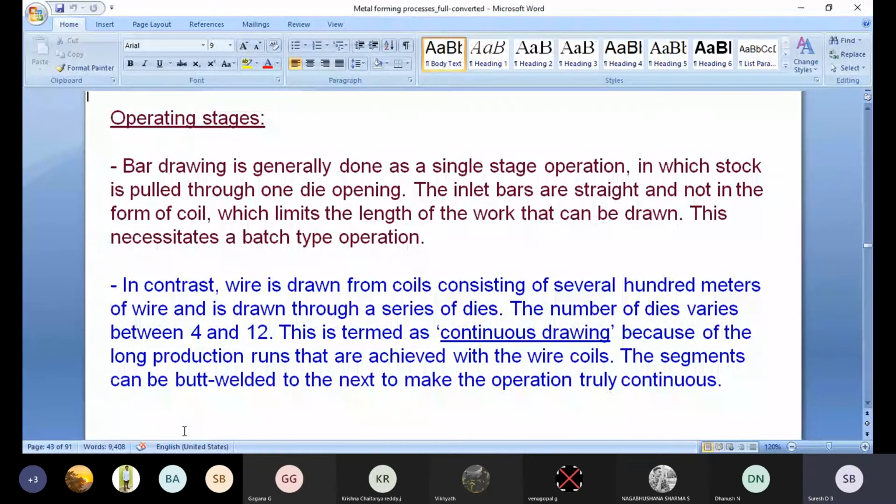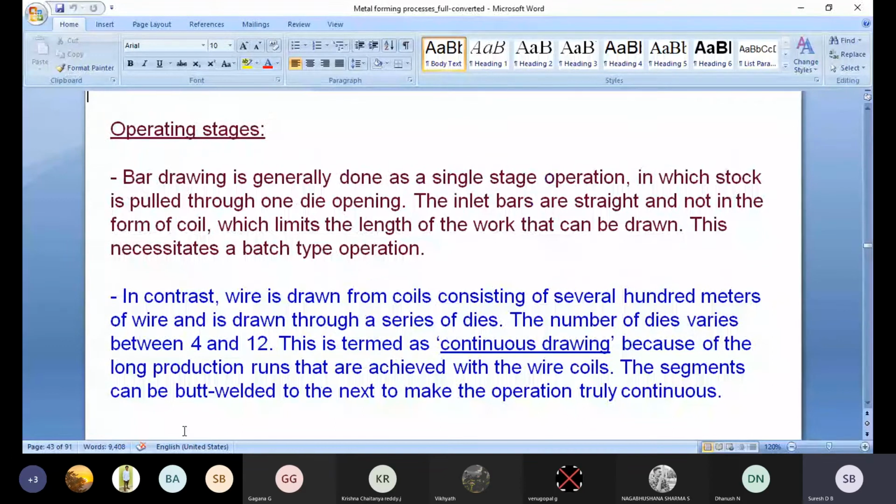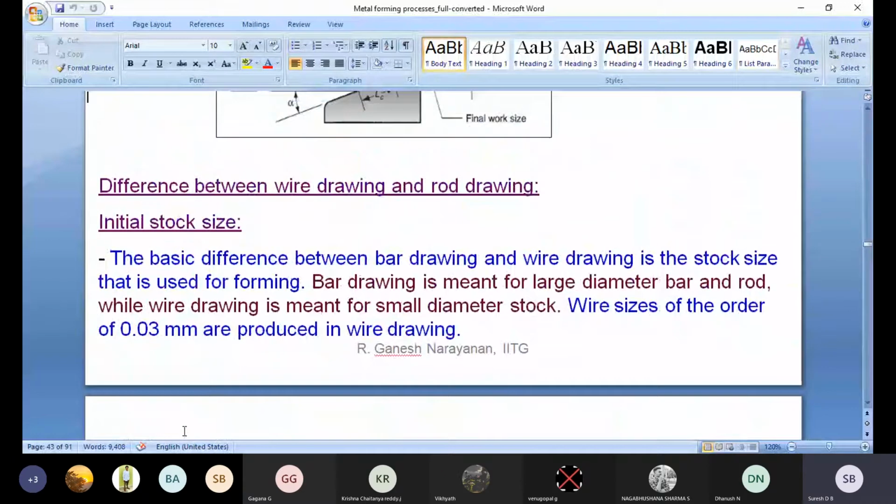Is it possible? Within one operation, in a single pass, take this example of a 50 mm diameter rod that I want to reduce to 1 mm.